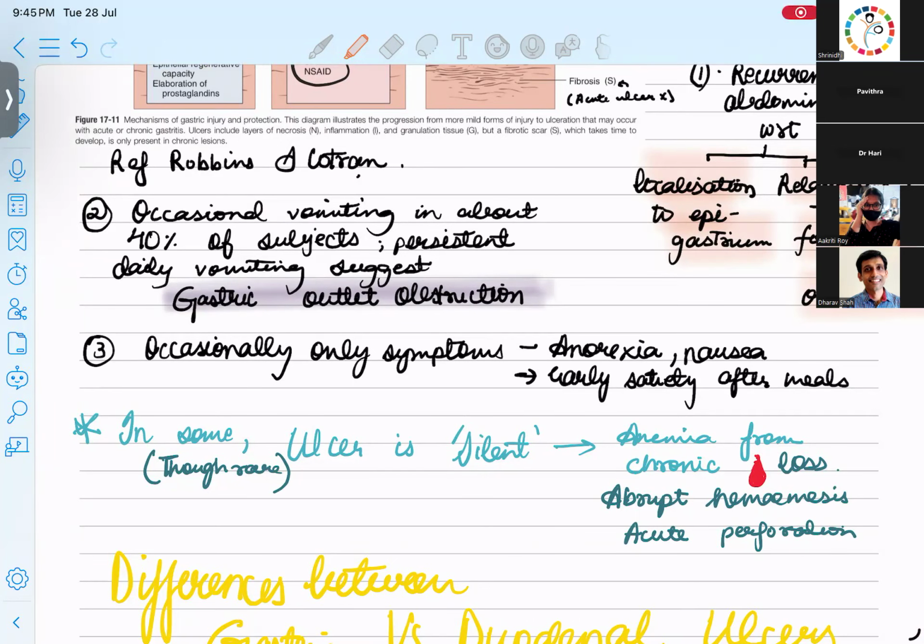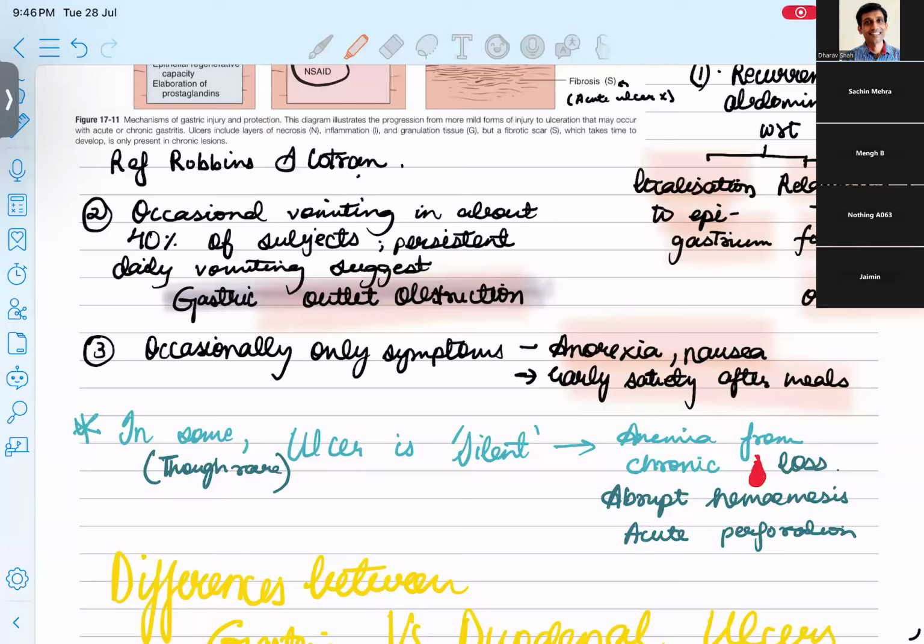It is seen in 40% of the subjects, and persistent daily vomiting suggests that the patient might be having gastric outlet obstruction, which is also a complication of peptic ulcers, which we'll be seeing sometime later. Occasionally, the only symptoms which the patient presents with are anorexia and nausea and early satiety after meals. So very unusual, no? We think that peptic ulcer patients will always present with, "Yes doctor, there is pain here, there is a burning sensation up here, it feels like some reflux is coming, food is coming up and I feel very strange." But sometimes the patient only presents with, "Doctor, I have less appetite, I am not able to eat well, I feel very nauseated during my meals, before or after, and there is early satiety after meals."